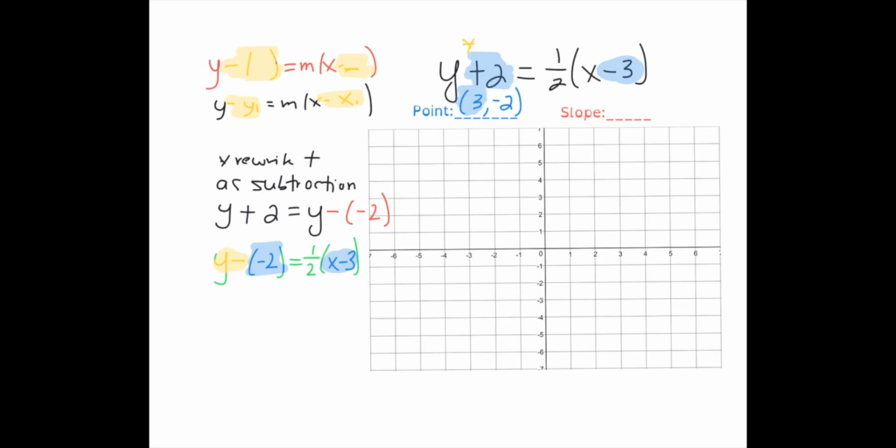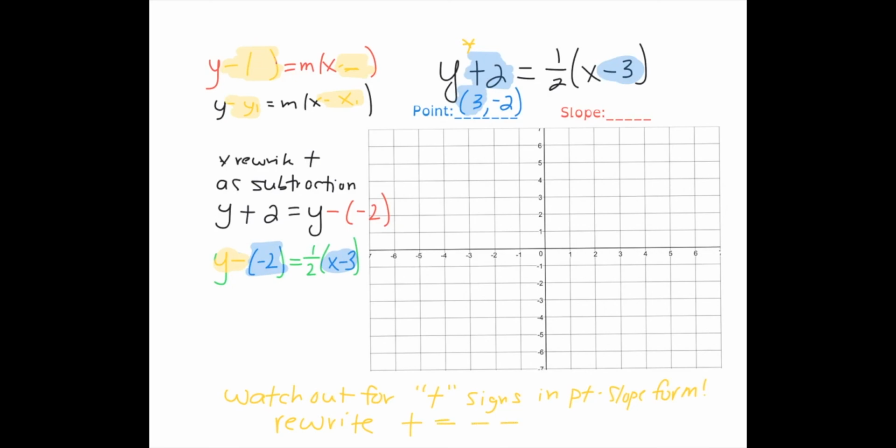So just like a little note to yourself, which we'll write down here, is watch out for plus signs in point-slope form. Remember, when it's a plus sign, we have to rewrite the addition as a minus negative.